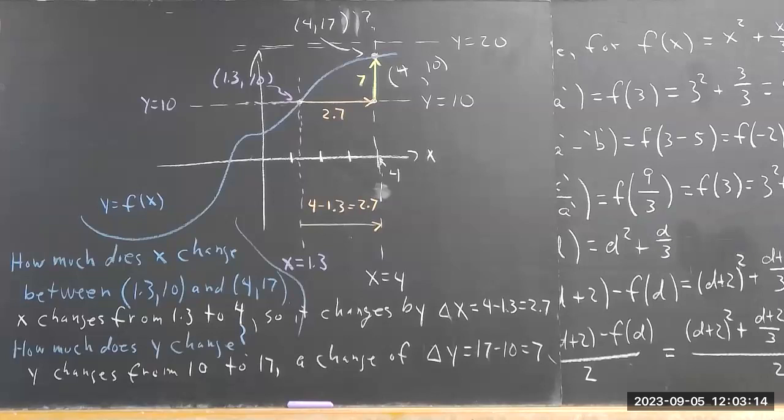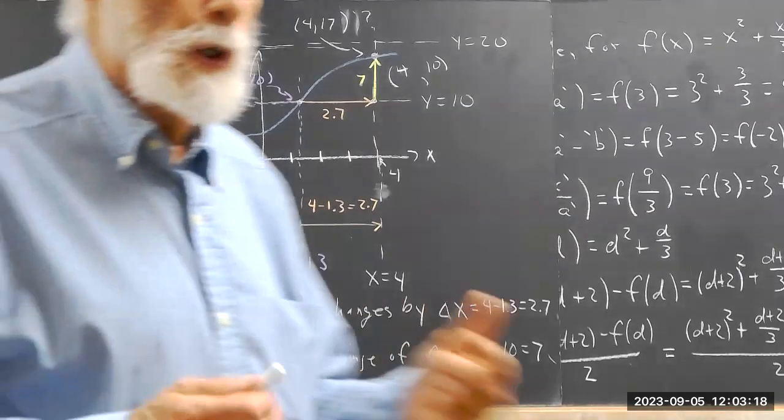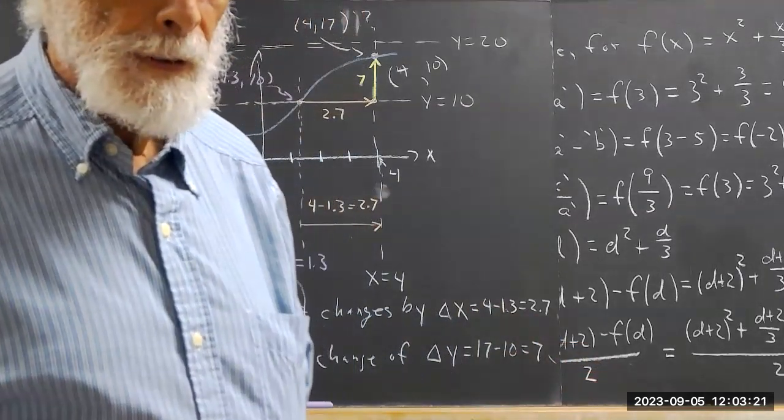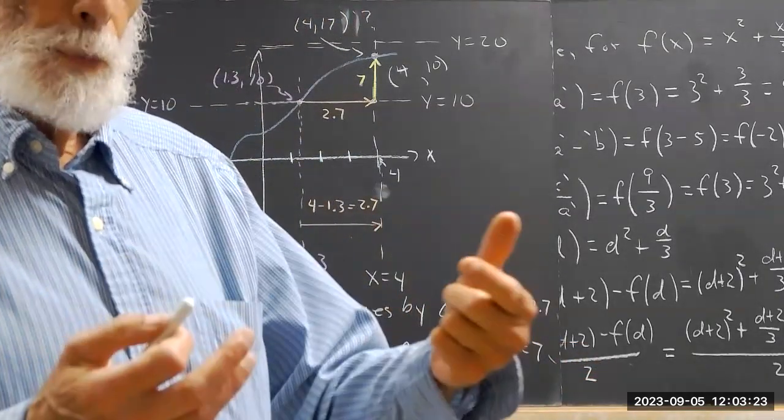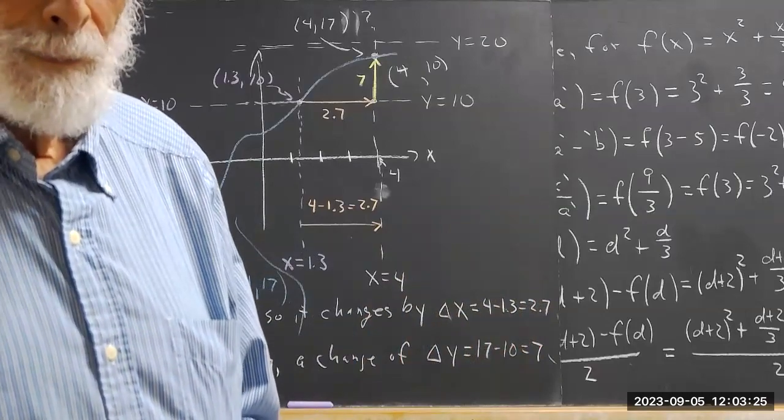Now, the average rate of change of Y with respect to X is change in Y divided by change in X. Okay.